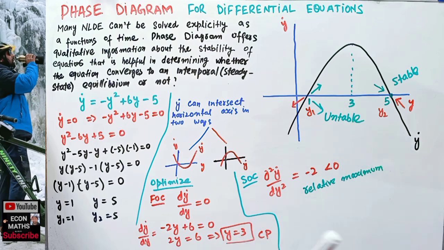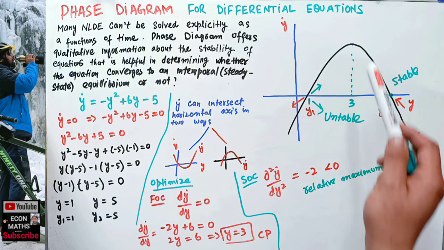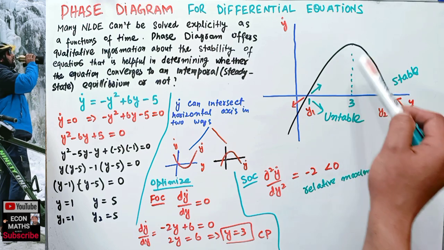The first order condition does not tell us anything about the maximum or minimum. For that we need to check the second order condition. If the sign of the second order derivative comes out to be negative, and in this case it came out to be negative, then we can say we have a maximum point at the critical point.